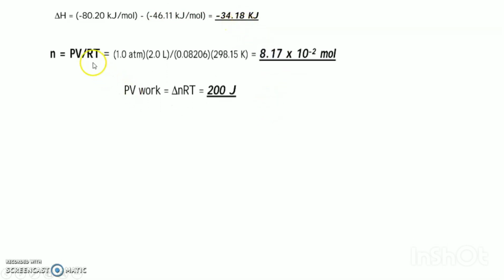And n is equal to PV divided by RT, so 8.7 times 10 to the power minus 2 mole. This is the calculation, friends. P is 1 atmosphere, V is 2 liter, and this is the R value and T value, 298.15 K. This is my temperature and this is my R value. So PV work is equal to del n RT, and I get 200 joule.